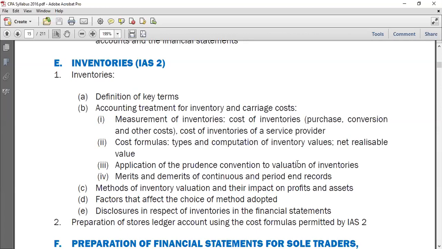We also have different valuation methods for inventory, like FIFO, ACCA and so on. So today we just want to summarize what you basically need to know.